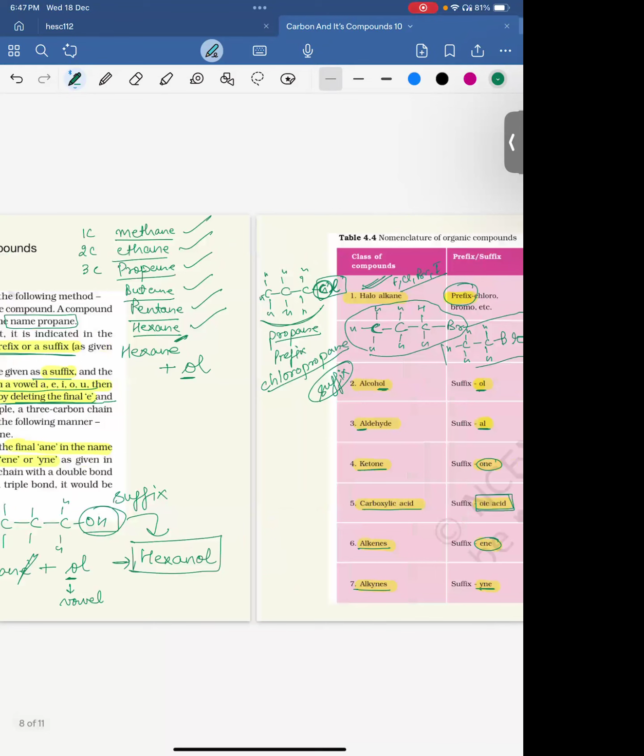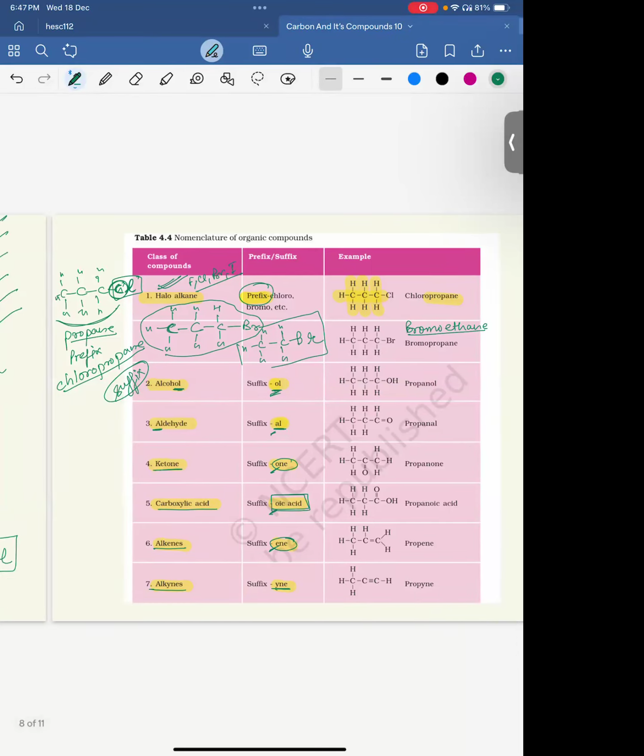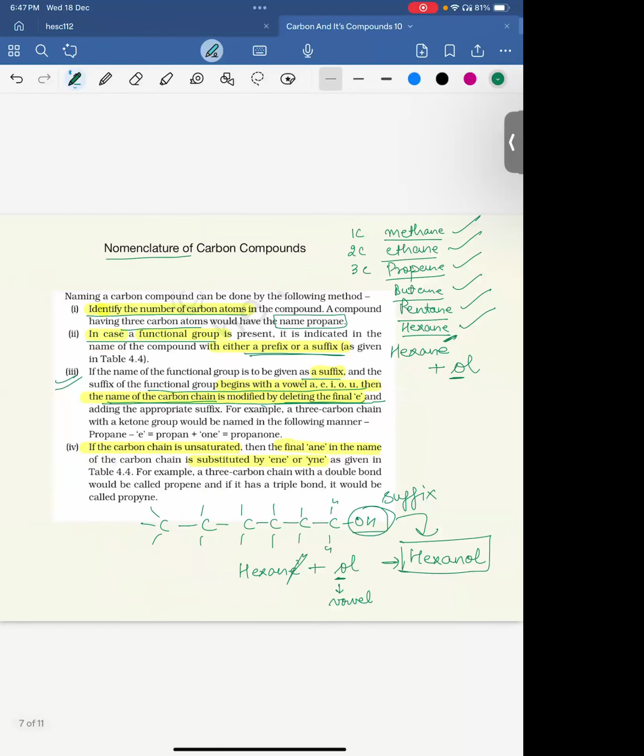Understood? So if the suffix begins with a vowel, like ol, we'll have to remove the end E. For example, I'll give you an example. You'll have to tell me what you'll name it.